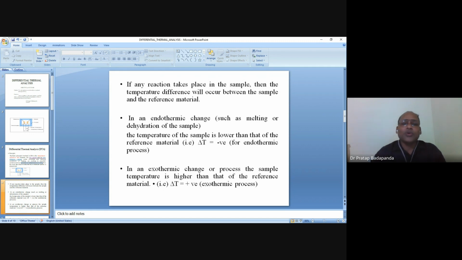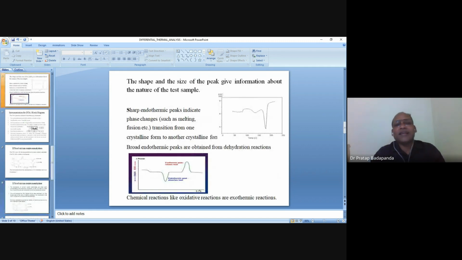Next, the shape and size of the peak. If you see the graph, the shape and size of the peak give information about the nature of the test sample. Sharp endothermic peaks indicate phase changes.